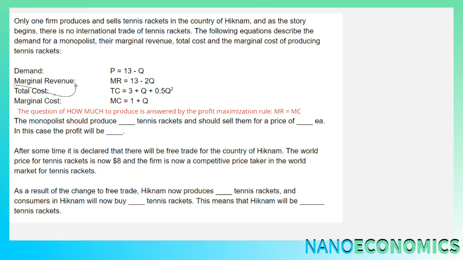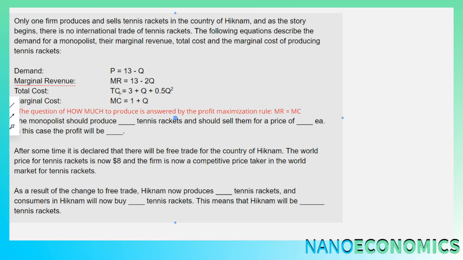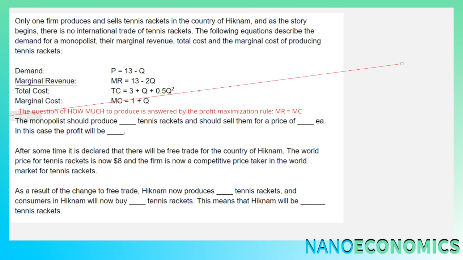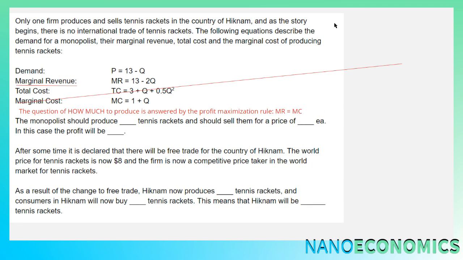So we'll just work with it. There we go. So we're given marginal revenue, we're given marginal cost. So we just want to set those two equal to each other.